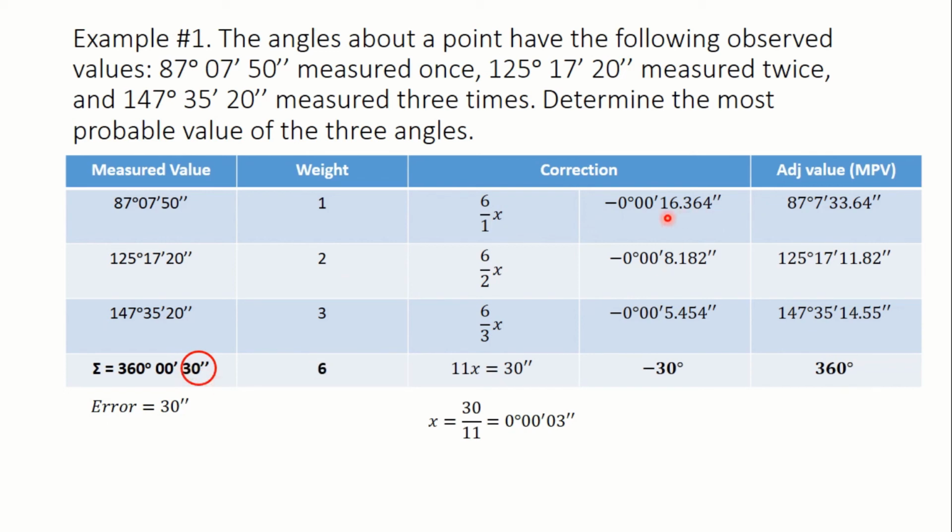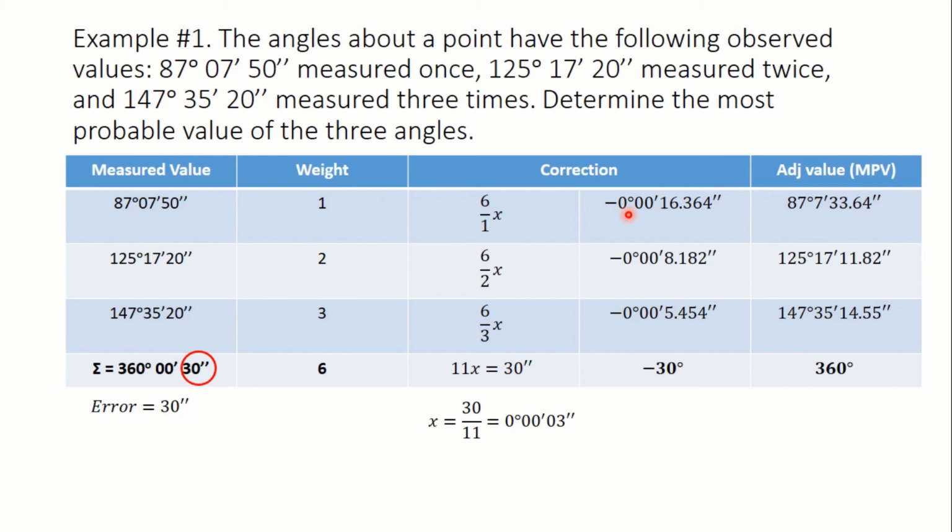Tingnan natin, mas malaki ito. Correction dahil subtraction, mas maliit yung weight niya. Lumiliit kasi lumalaki din yung weight. So, adjusted value or the MPV of each angle.